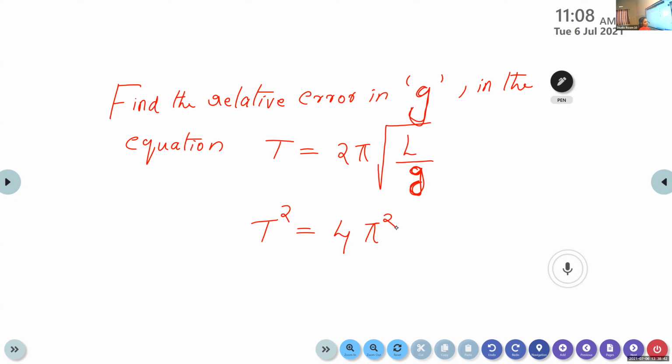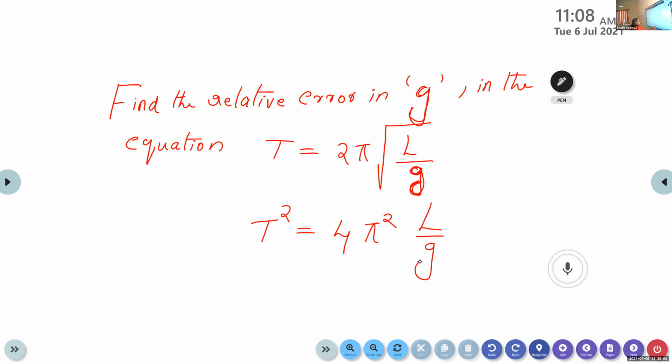The square root and the square cancel, so we get L by g. T square is equal to 4 pi square into L by g.